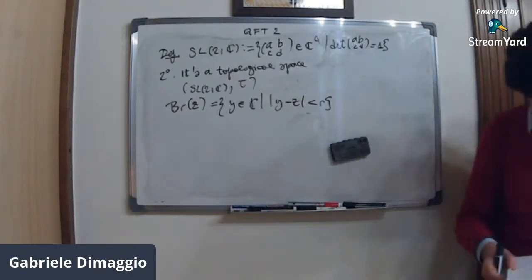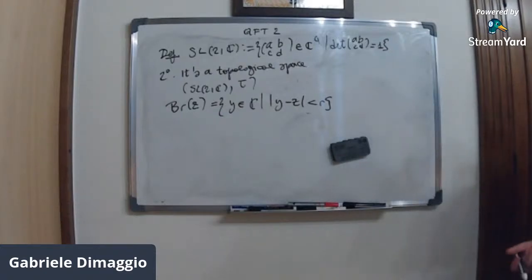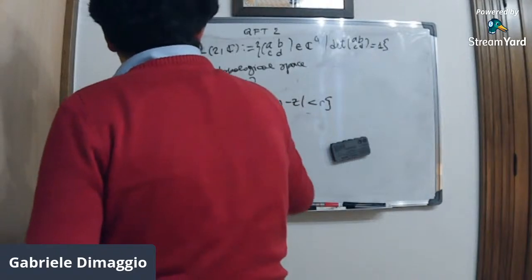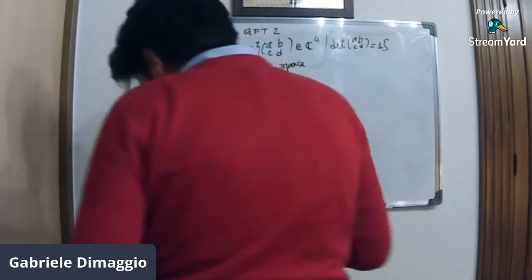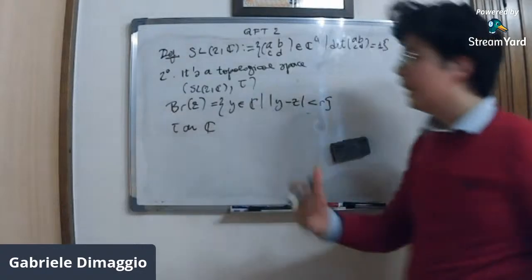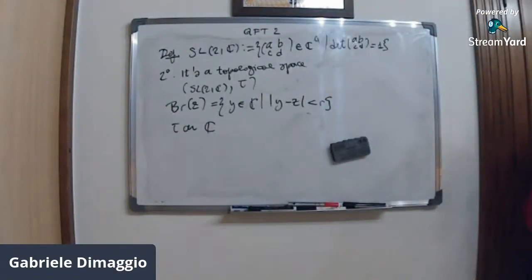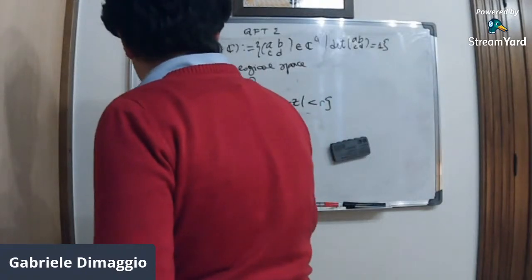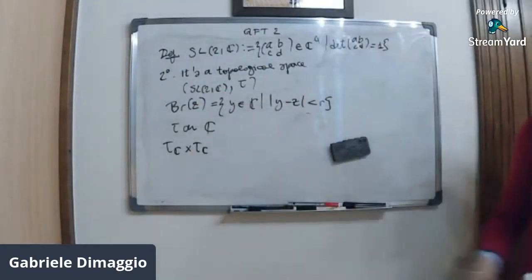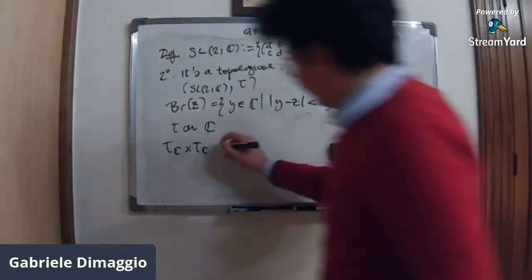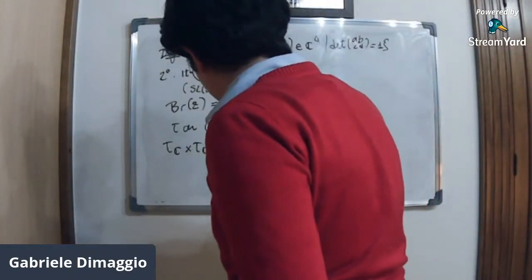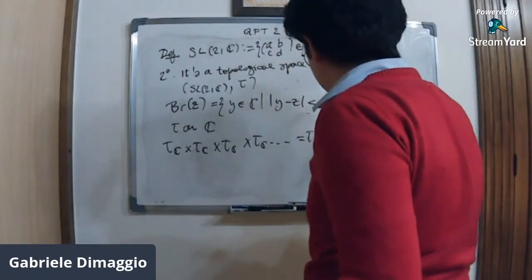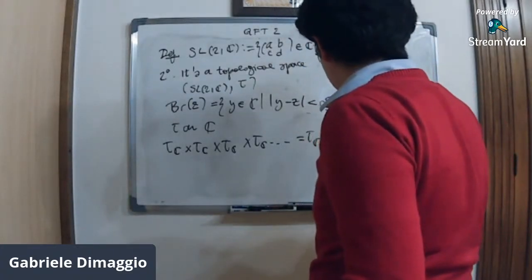Perfect. And so now I can define a particular topology tau on C. To define this topology, I can take these opens tau C for tau C, and so on, equal to tau C for C, for C, for C, and so on.